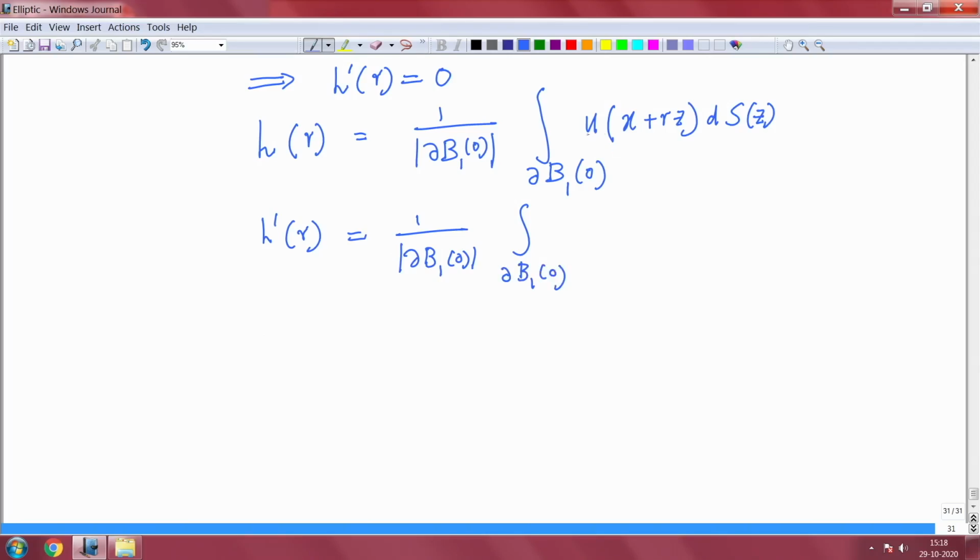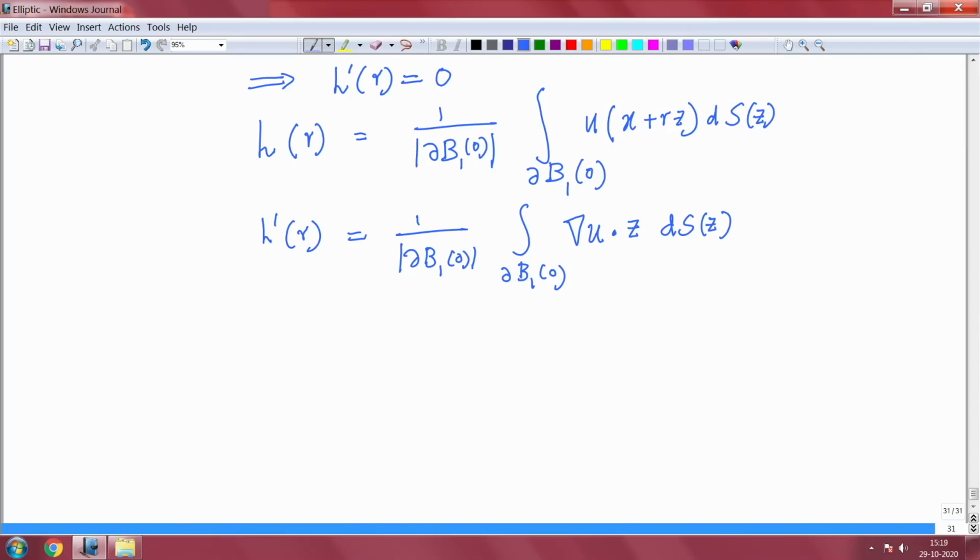Now it is a multivariable function, so you know how to differentiate with respect to r. First differentiate with respect to all the variables x_i, which produces grad u, and then with respect to r. Here z is a vector because it is in the ball. So you get grad u dot z ds(z).